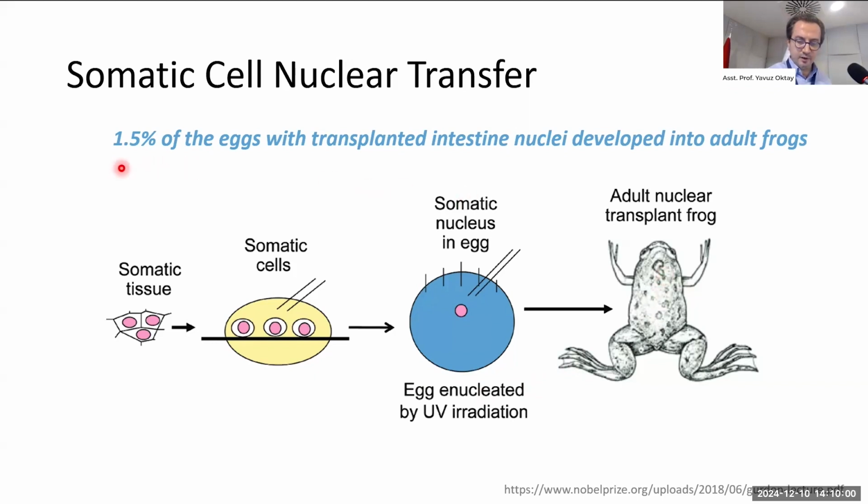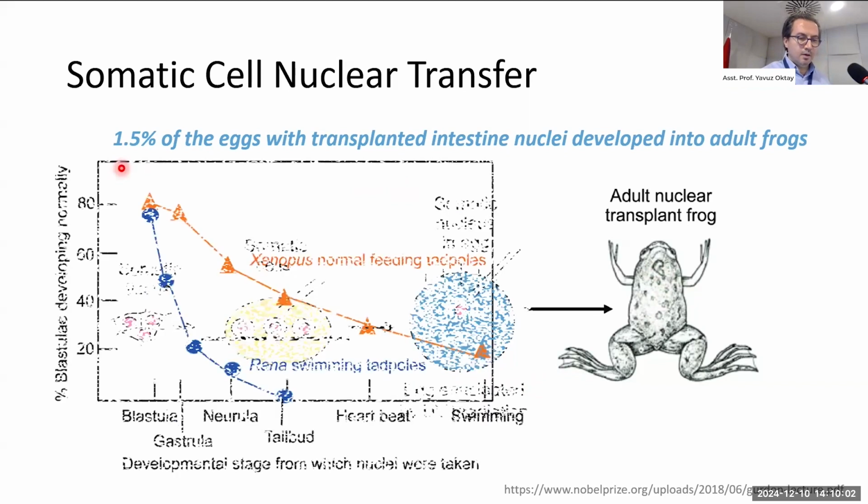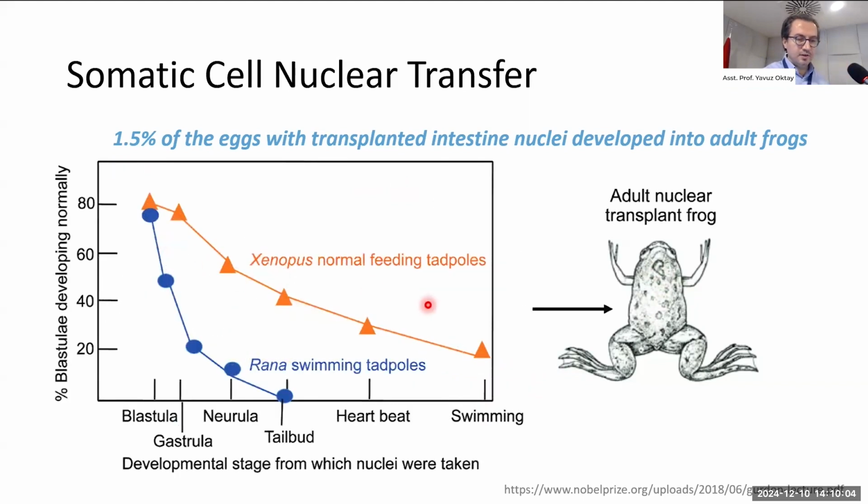However, the efficiency was very low. And this basically shows the first successful generation in the early 1960s, which, as opposed to previous experiments in the 1950s, showed that a small percentage of these frogs are viable and can actually swim. As you notice here, not all survive.